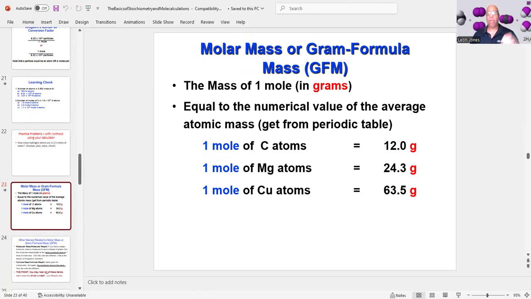Magnesium. So 1 mole of magnesium atoms equals 24.3 grams. 1 mole of Cu. Now, what is Cu? And I know a lot of these. Cu is copper. So 1 mole of copper atoms equals 63.5 grams.